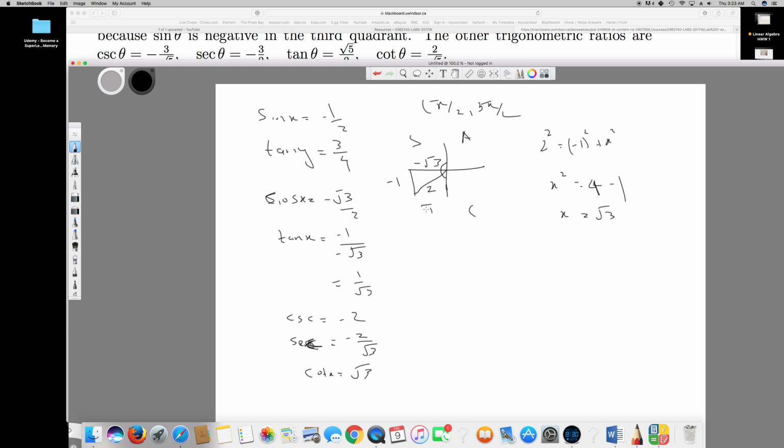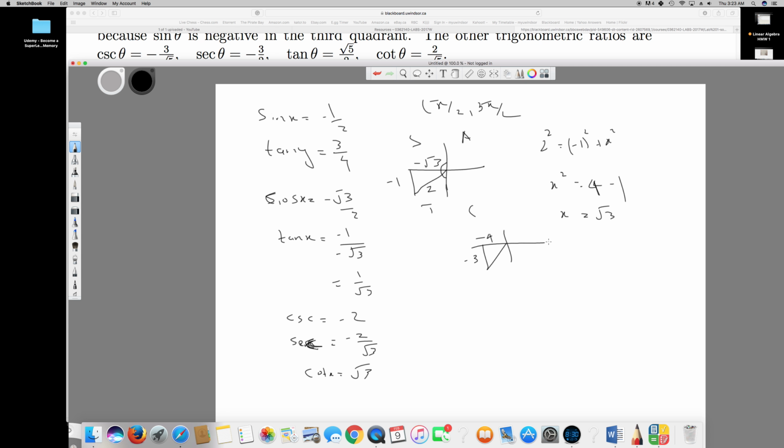Now we can use the tan to find all the y variables. So tan is equal to opposite over adjacent, therefore we know that opposite is 3 and adjacent is 4. But since this is in the third quadrant, both should be negative, minus 3 and minus 4.